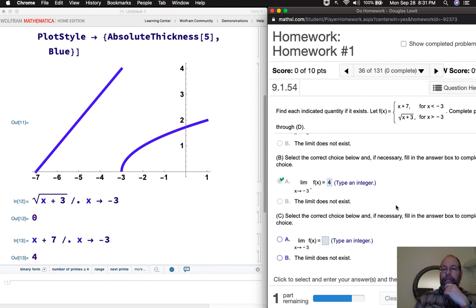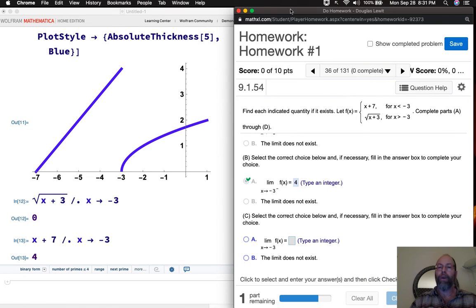Okay, select the correct choice. Okay, this is the same old, same old. Now, what is the limit as x goes to negative 3 from both sides? This is the bidirectional limit. Okay? The left-sided limit is 4. The right-sided limit, or the limit from the right, is 0.